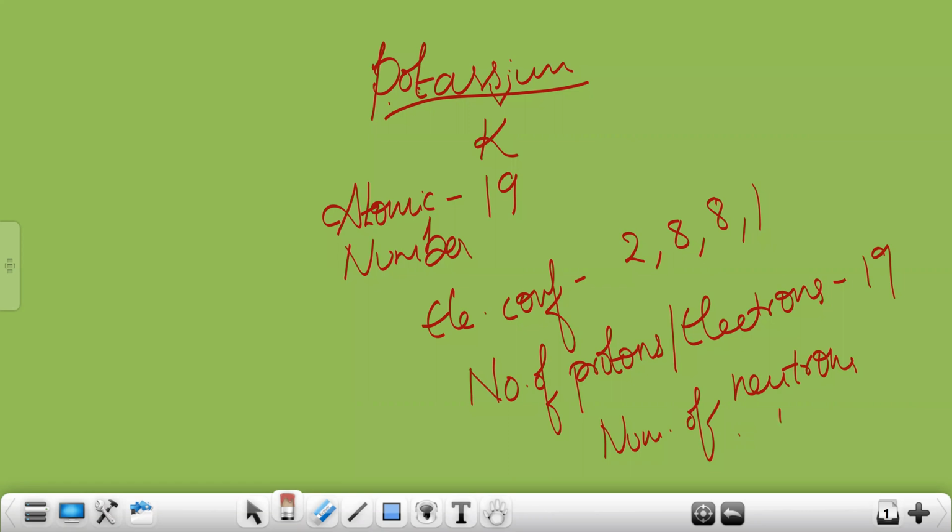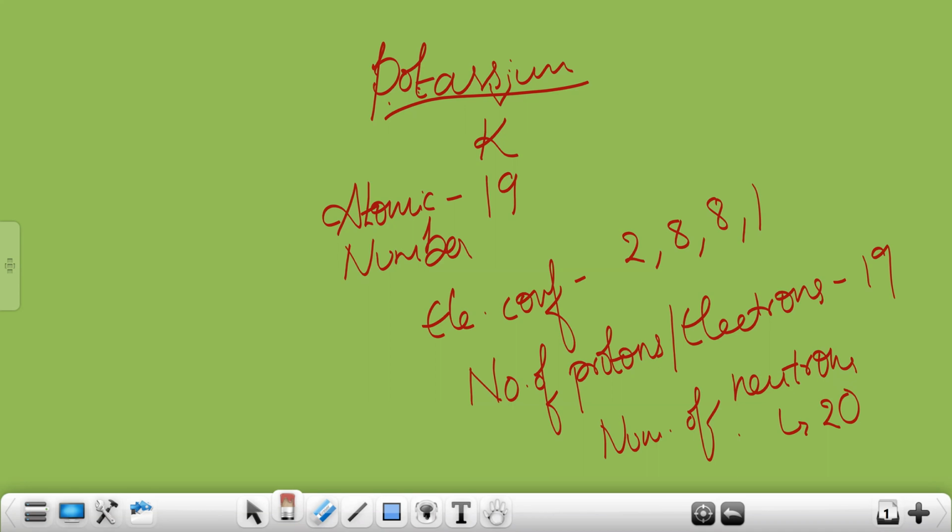The number of neutrons is 20. So the symbol of potassium is K, its atomic number is 19, and its electronic configuration is 2, 8, 8, 1.